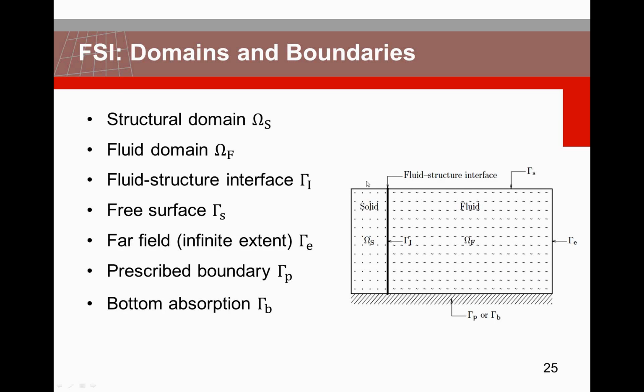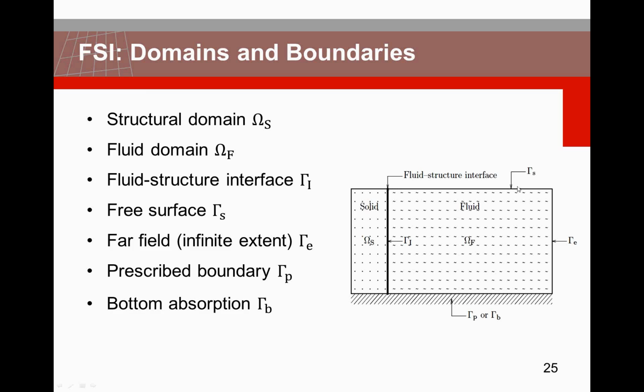So what we have here is our structure, this is the solid domain, Omega_s. You have your fluid domain, this is your Omega_f. On the interaction between the solid and the fluid, there is the fluid structure interface, this is Gamma_I.